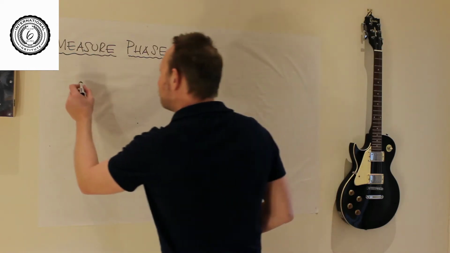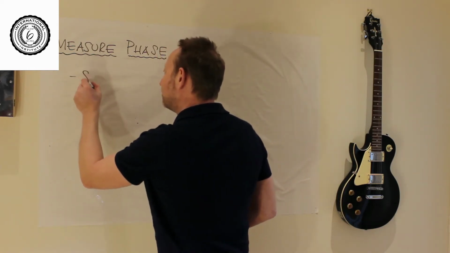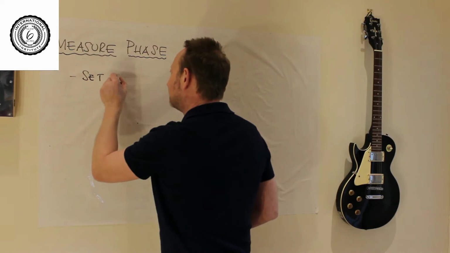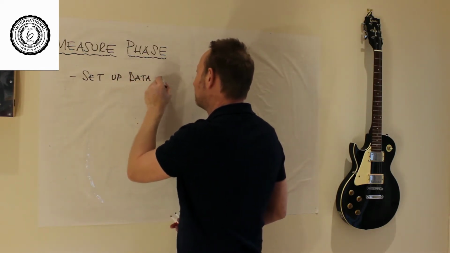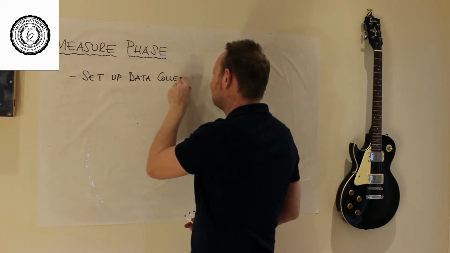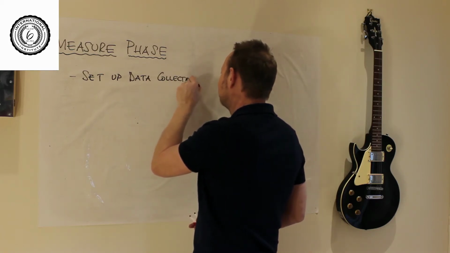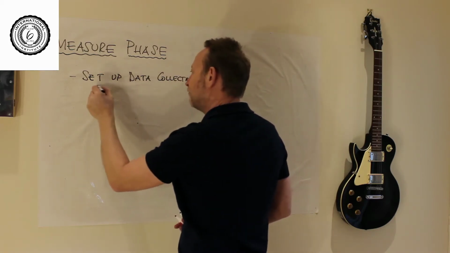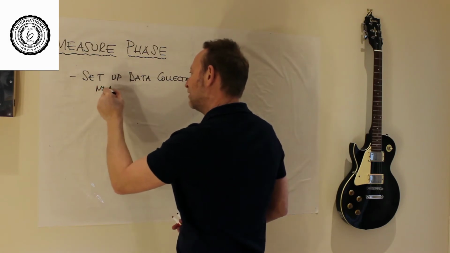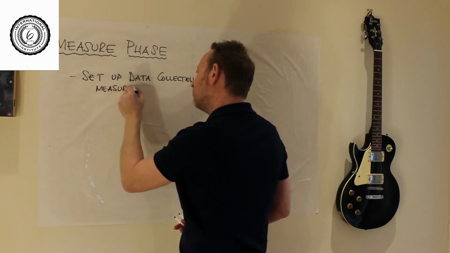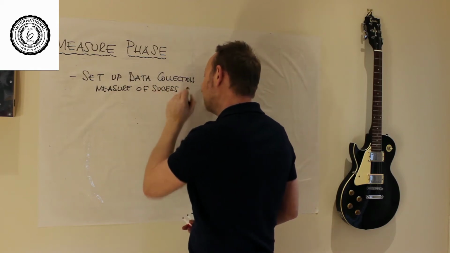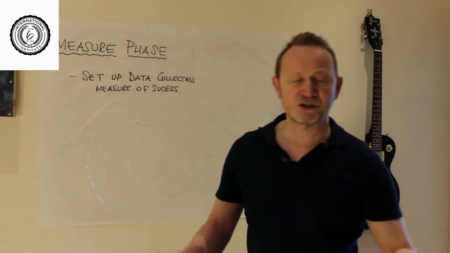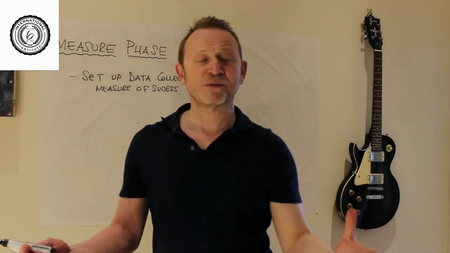Well, the one we're talking about, number one, it could be set up data collection, and effectively what that's doing is setting up your measure of success. Okay, now why might you need to set up a measure?